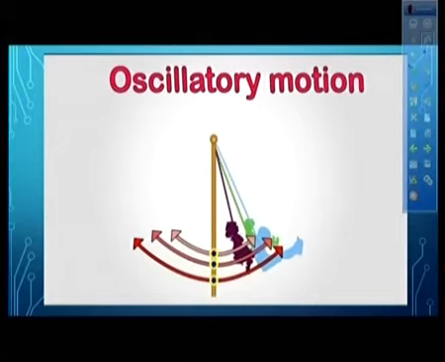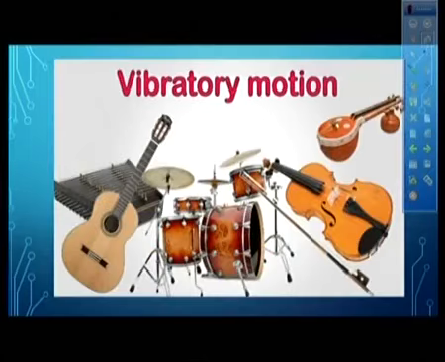It means that it oscillates back and forth. But if oscillations occur very rapidly, if something starts oscillating very fast, then that motion is called vibratory motion. Then we say that vibrations are happening, we don't say oscillations. What happens is that the oscillations are happening at a higher speed. When the speed of oscillations increases, then that motion is called vibratory motion.